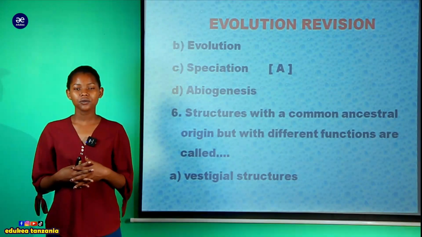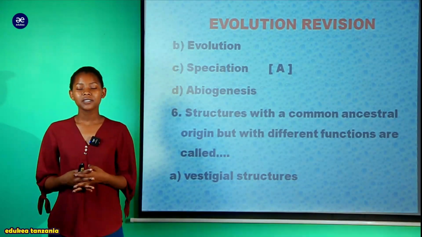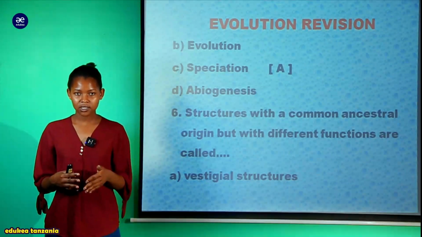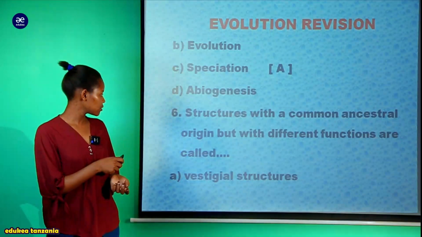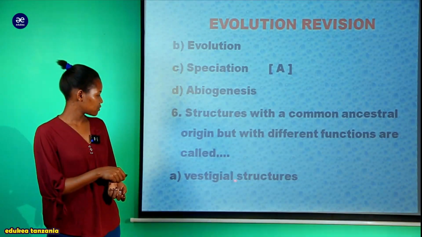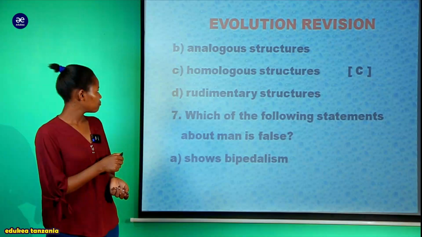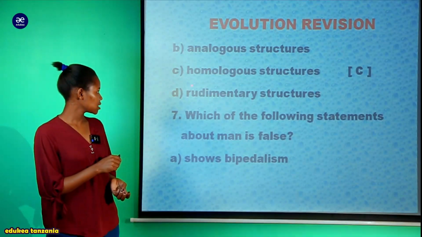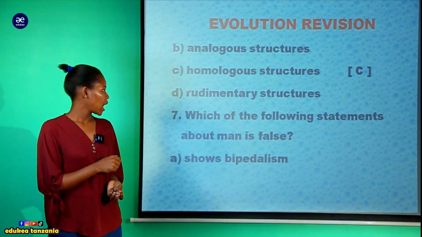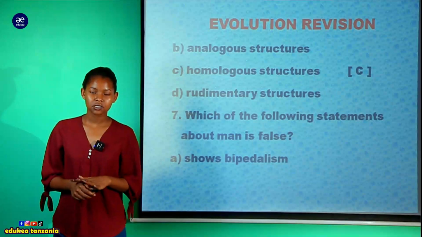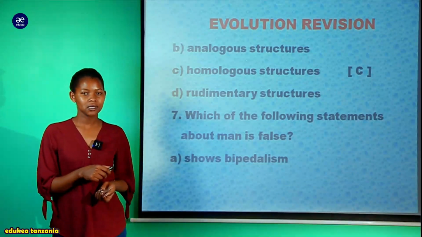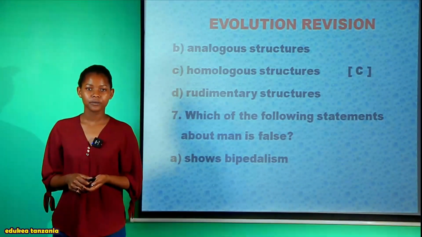Those are structures with common embryonic origin but they perform different functions. As you can see on the choices, A is vestigial structure, B is analogous structure, C is homologous structure, and D is rudimentary structure. So the correct answer here is C, homologous structure.